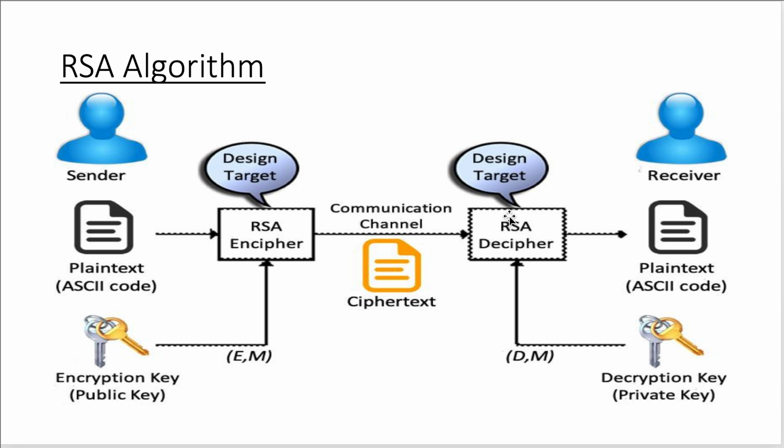Whenever they send the message to the receiver, the receiver has the private key to open the text sent from the sender. Then they will convert it to the plain text.